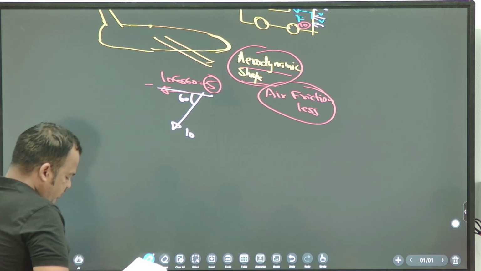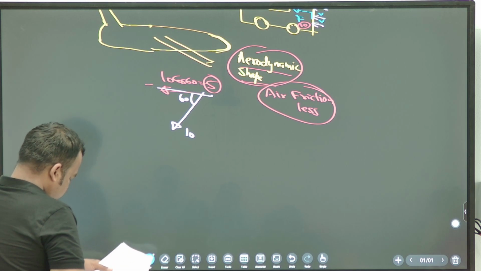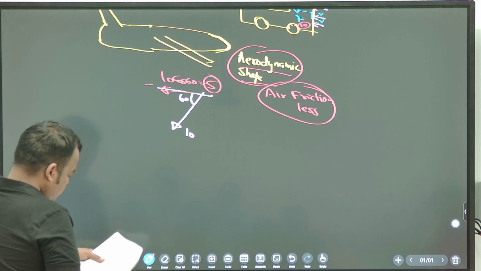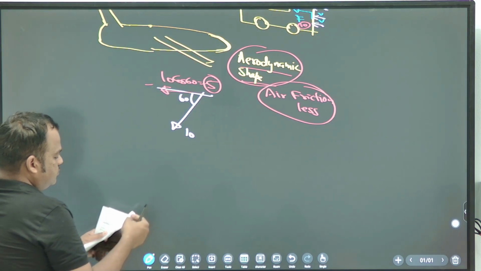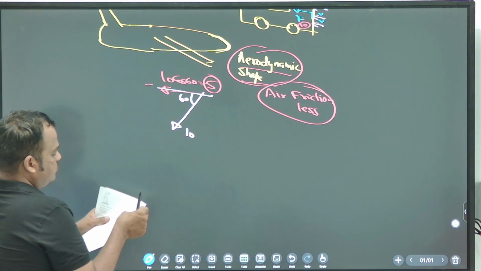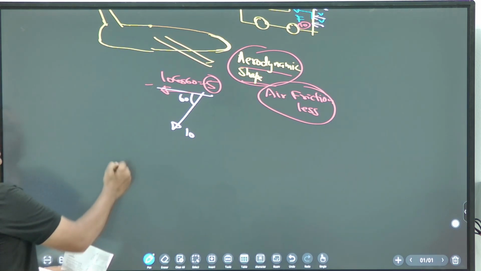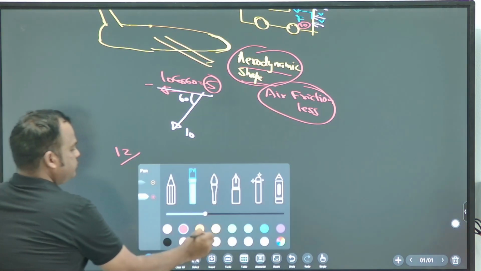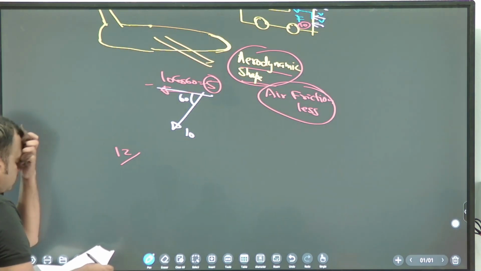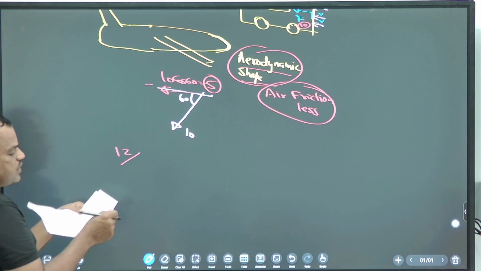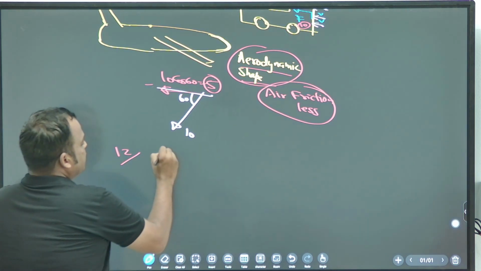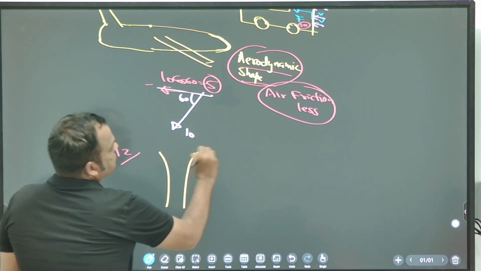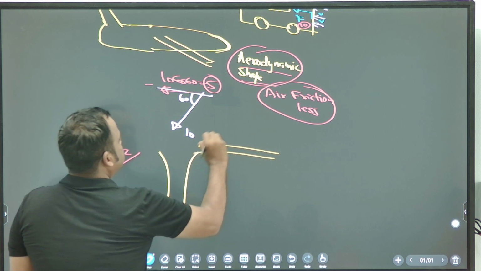So to reduce friction, twelfth question: a 40 kg boy is hanging from a horizontal branch of a tree. Suppose this is the tree, this is the branch of the tree.